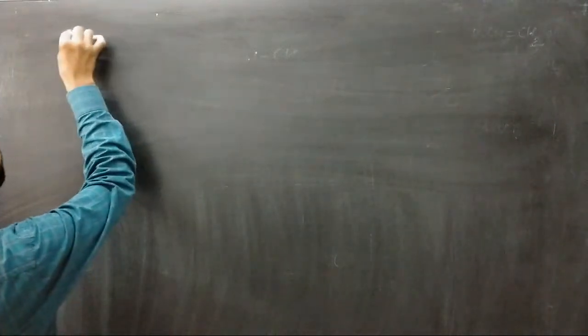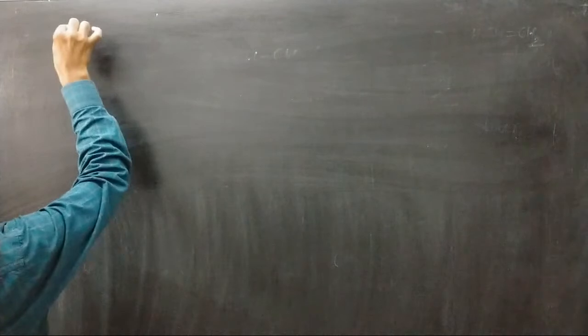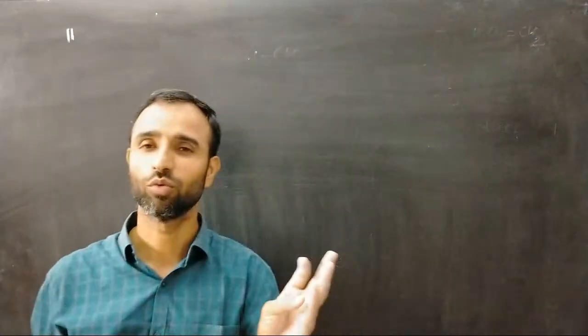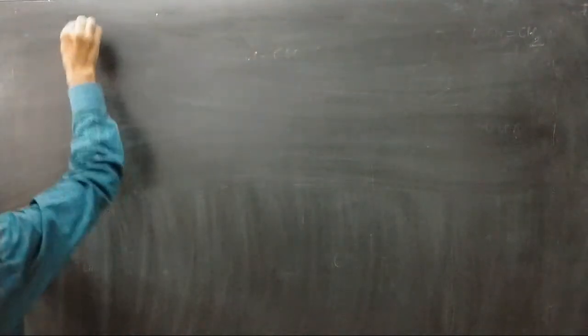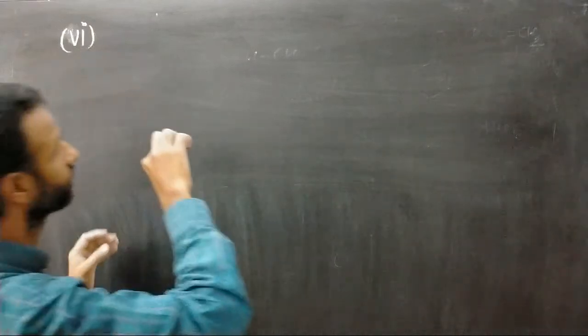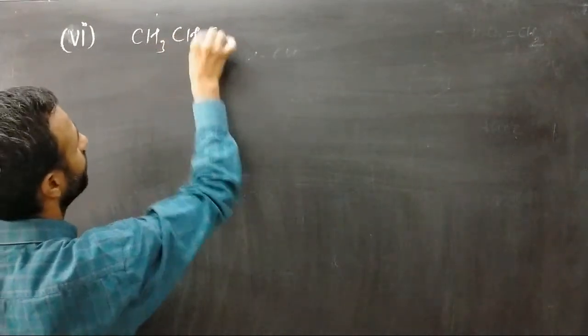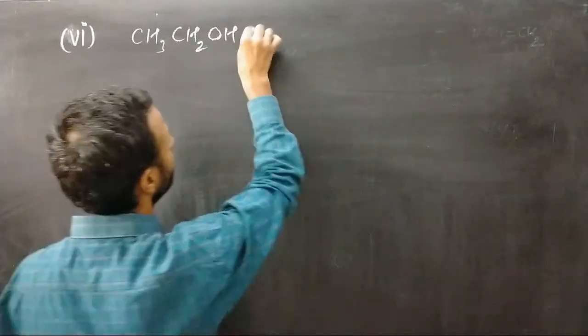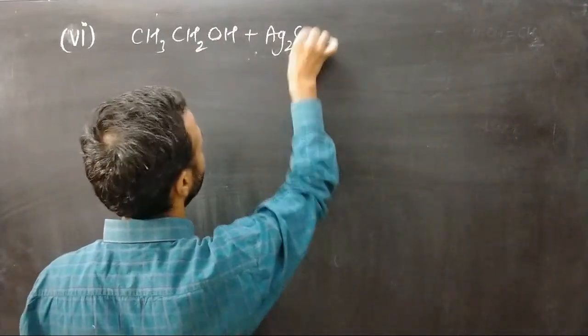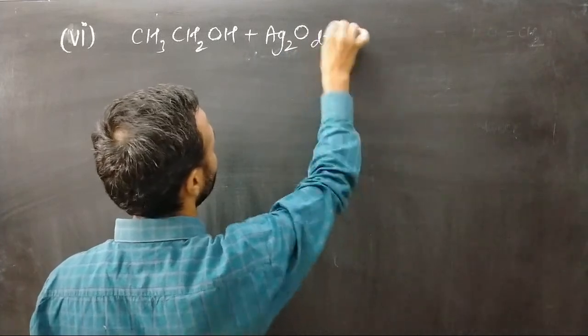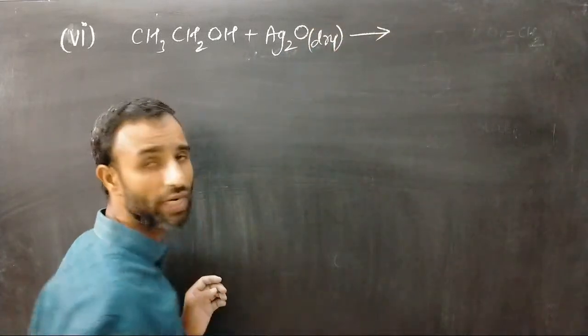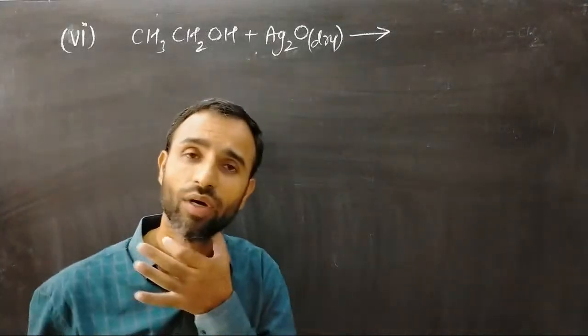Now we can prepare... how many methods have we done? 1, 2, 3, 4, 5, 6th method, I think. Is it the 6th one? So by using dry silver oxide or anhydrous silver oxide.